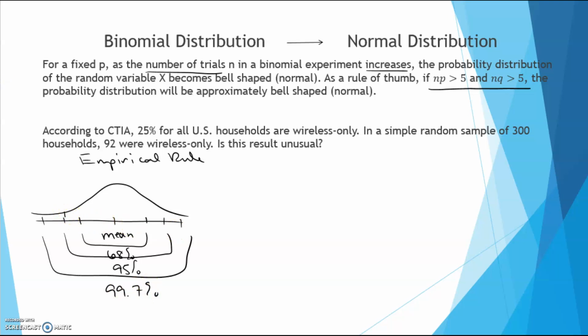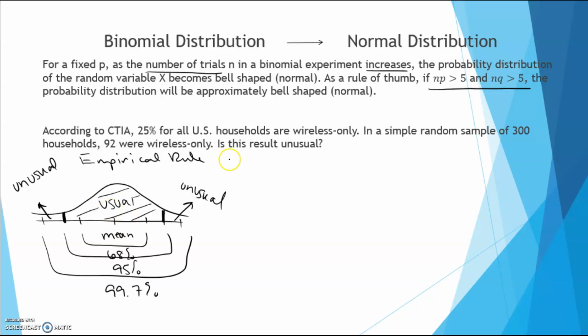And we said that if we were within 2 standard deviations, everything inside here was usual. But if we went outside of 2 standard deviations, that would be an unusual result. Okay, but we were in a normal distribution when we were talking about that.